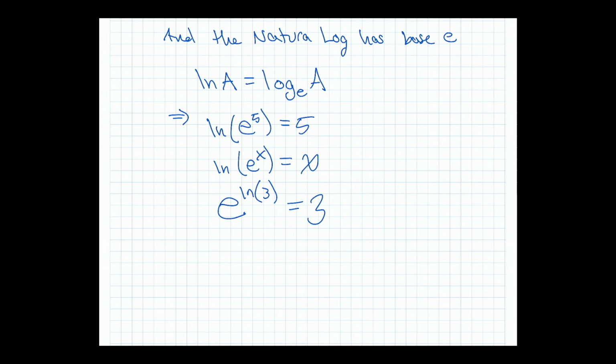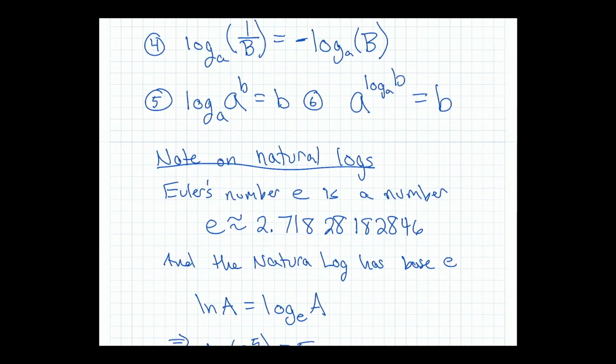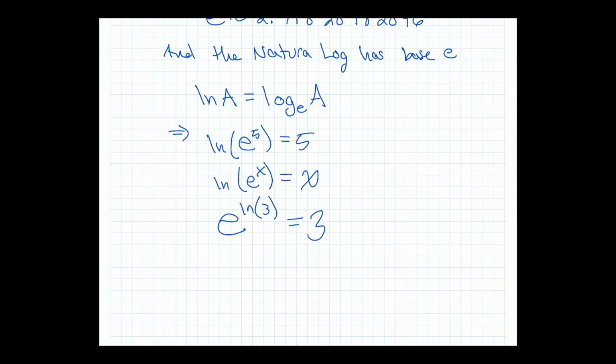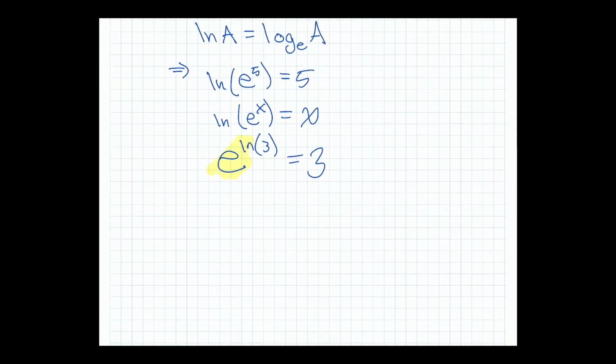Why is that 3? Because of this property right here, right? When you've got the base of the log and the exponential matching, then the exponential and the logarithm cancel. So these match. Okay? So there you go, a natural log. And that is what a natural log is.